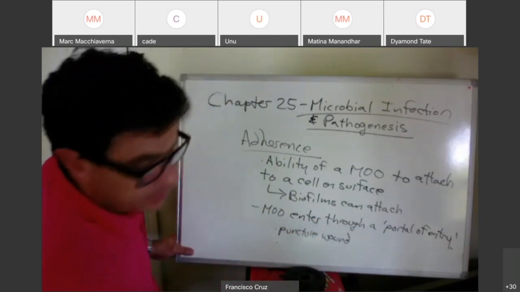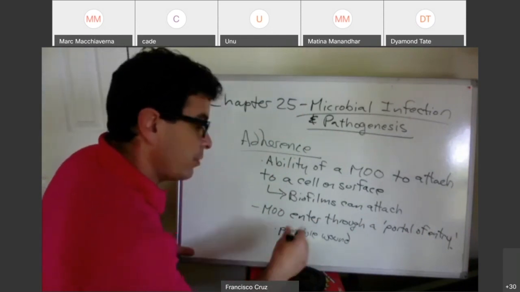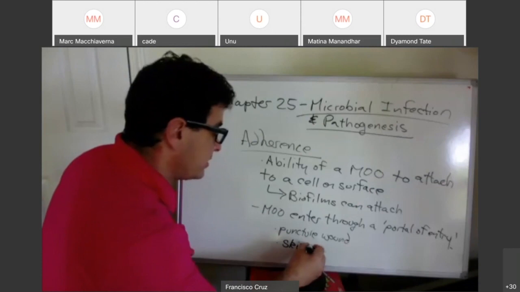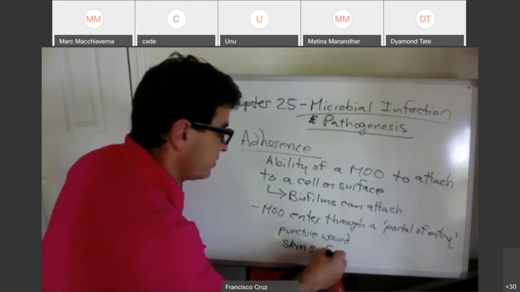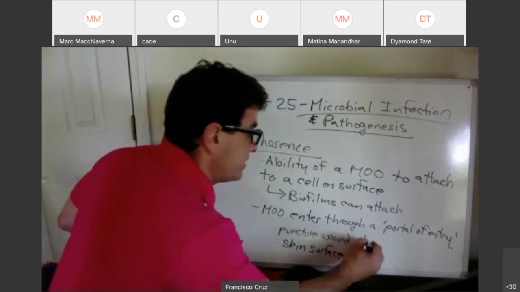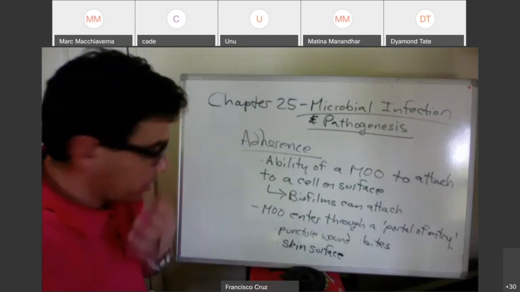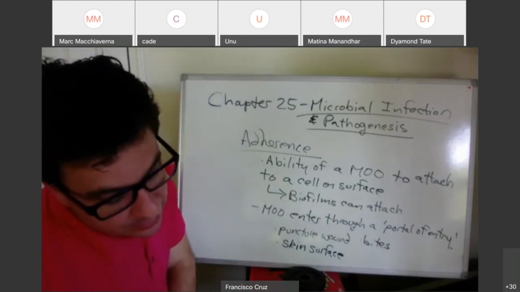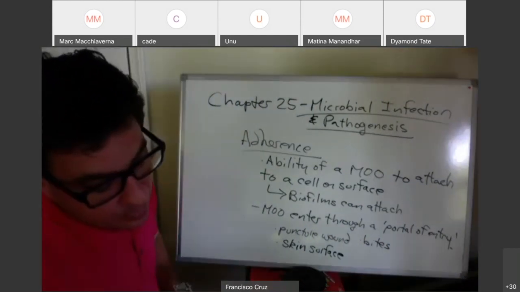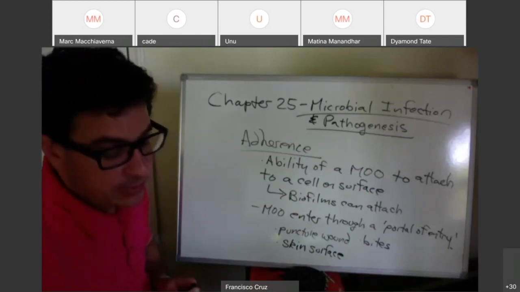Usually something new where they have access where they didn't before. Skin surface. It doesn't have to be dramatic. Bites. Something. And wounds enable microorganisms to access tissues normally inaccessible.